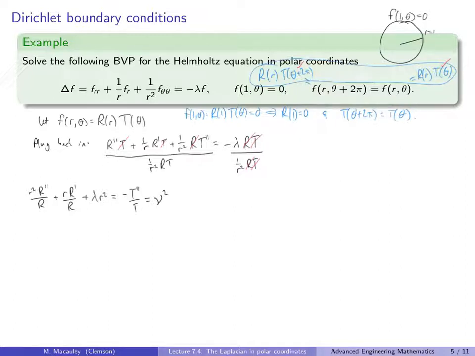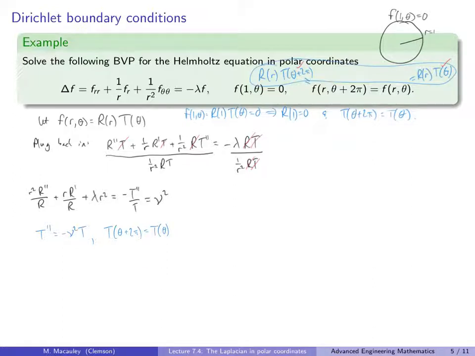You may say, well, why did I put the squared there? Well, look at this equation right here. That should tell you. So we get two ODEs. We get one of them in t: t double prime equals negative nu squared t. And our boundary condition is periodic, so t of theta plus 2 pi equals t of theta.